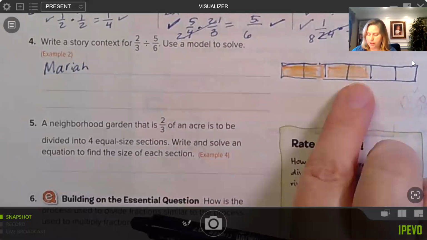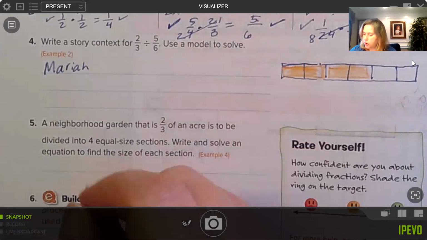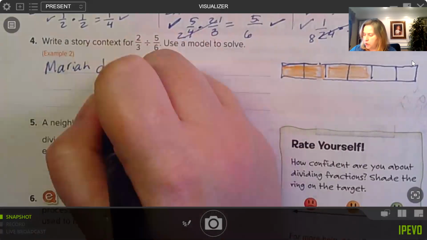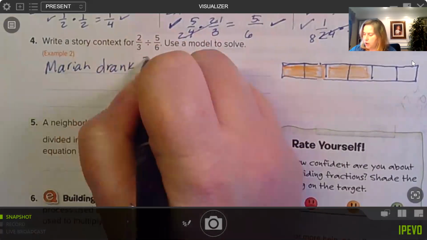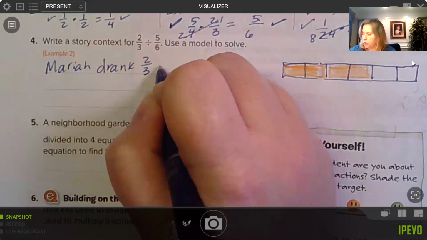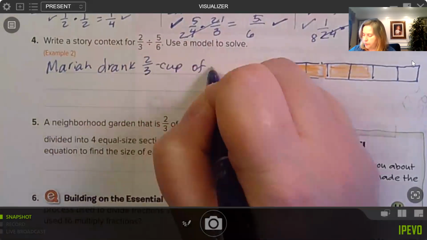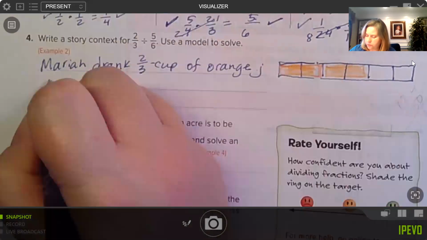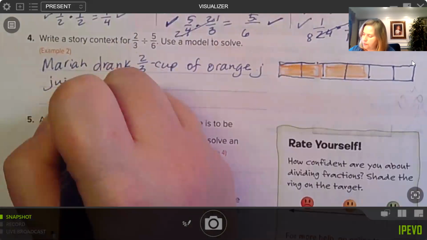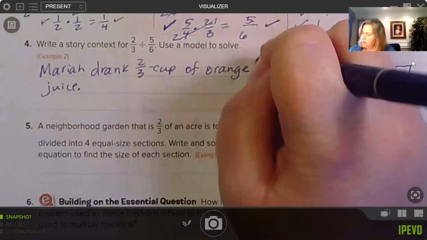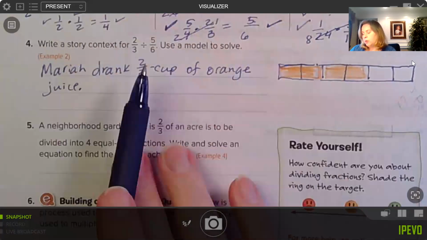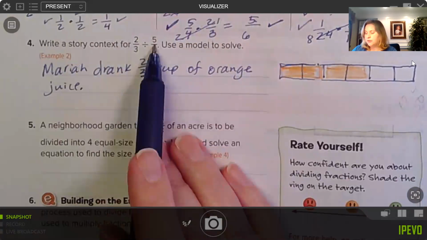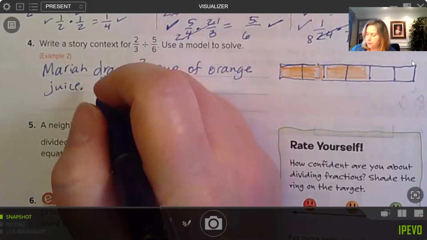Perfect color for my crayon there. So Mariah drank 2/3 of a cup of orange juice. Divided by 5/6. So let's say that a serving size is 5/6 of a cup.